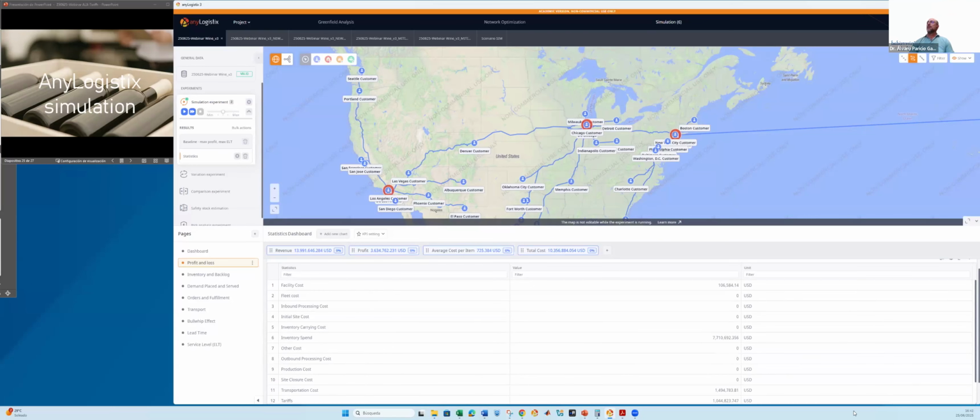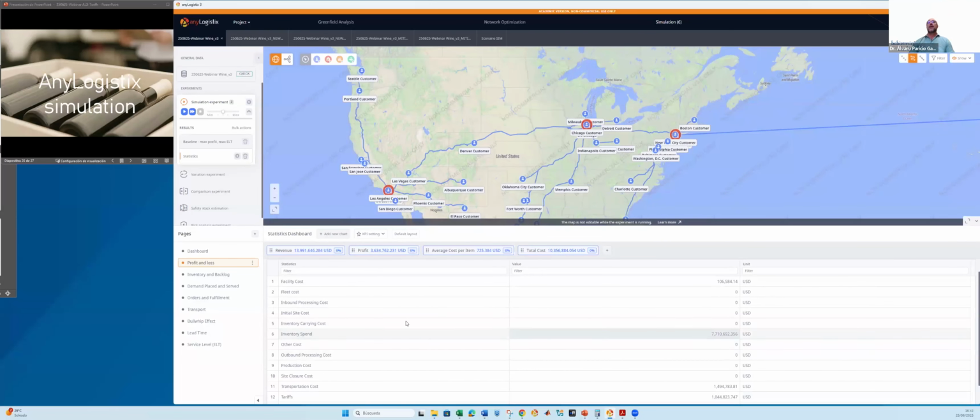So let me make it bigger. And then we have the inventory spend, which is really important because when we are using international sea shipments, they take a long time to move from one side to the other. So we have big inventories. We didn't see those inventories in the configuration. Maybe we go further on this. So the inventory has a cost that is considered in our simulation and will run against our profit.